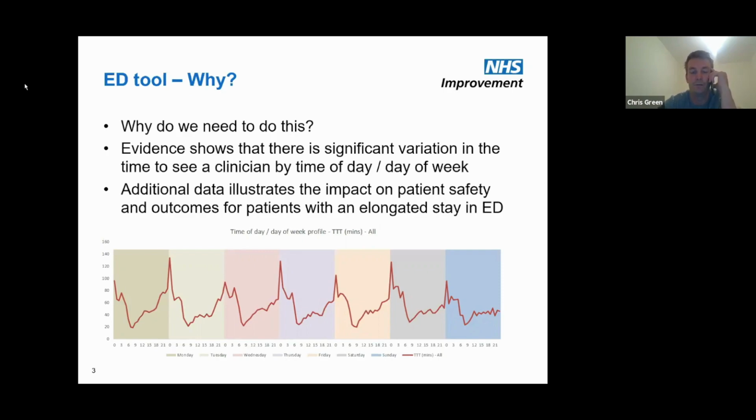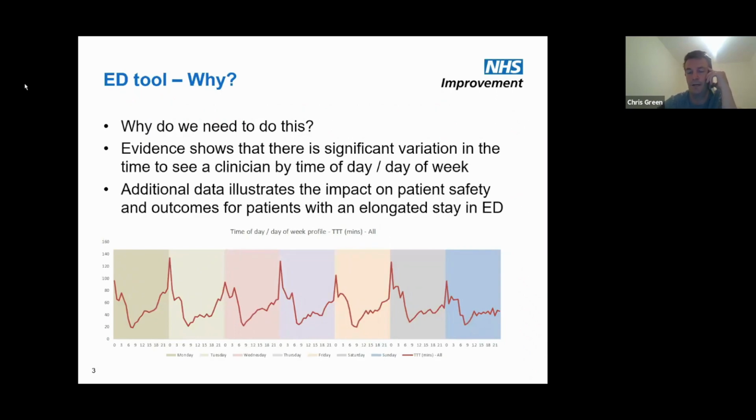If a patient arrives around 8 o'clock in the morning, all the way through to about 2 or 3 in the afternoon, these patients are seen relatively quickly, within 30, 40, 50, going up to 60 minutes. But as the day progresses, that time extends significantly, with patients who come in after 11 o'clock at night taking a substantial amount of time to be seen.